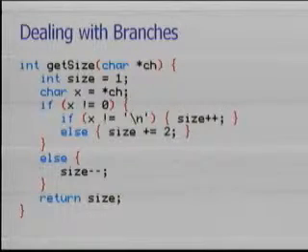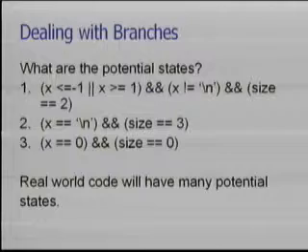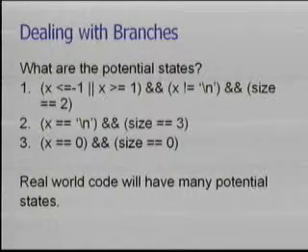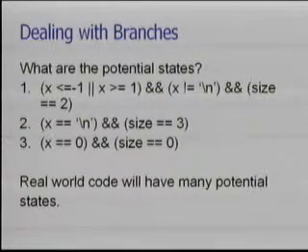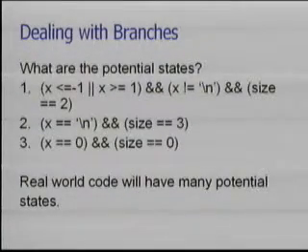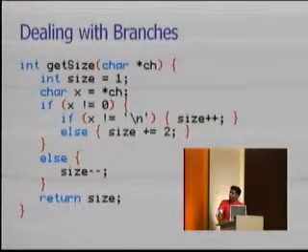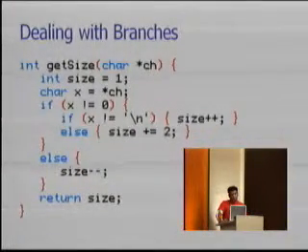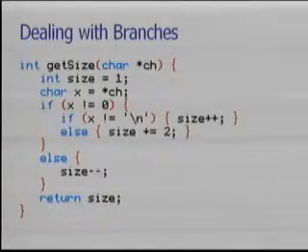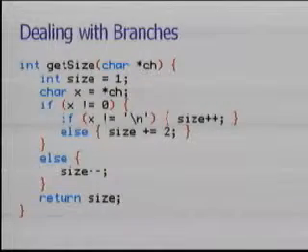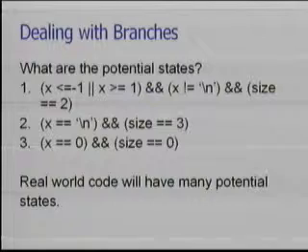Taking the first block and taking the first if, and that being true. So the next possibility is that x is equal to a new line, and that would make size equal to 3. That's if it takes the first if and it takes the second, the else within that block. And the last possibility is if it just drops straight through the outside else, and it just subtracts 1 from size. So we know that x equals 0 and size equals 0.